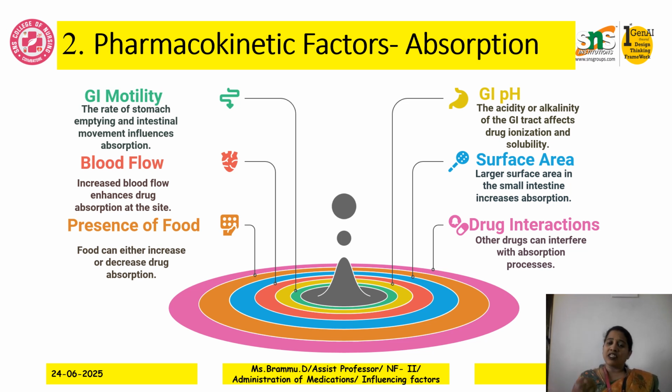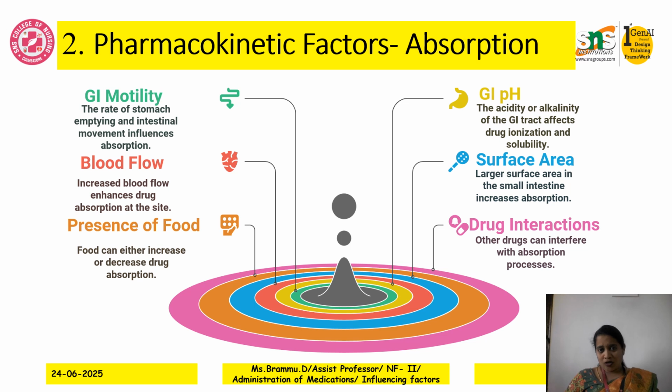In case of GI pH, the alkalinity or acidity also plays a major role in drug ionization and solubility. Then, of course, surface area also plays a major role. If the drug reaches the small intestine, the absorption rate is very fast because the surface area of the small intestine is very high.